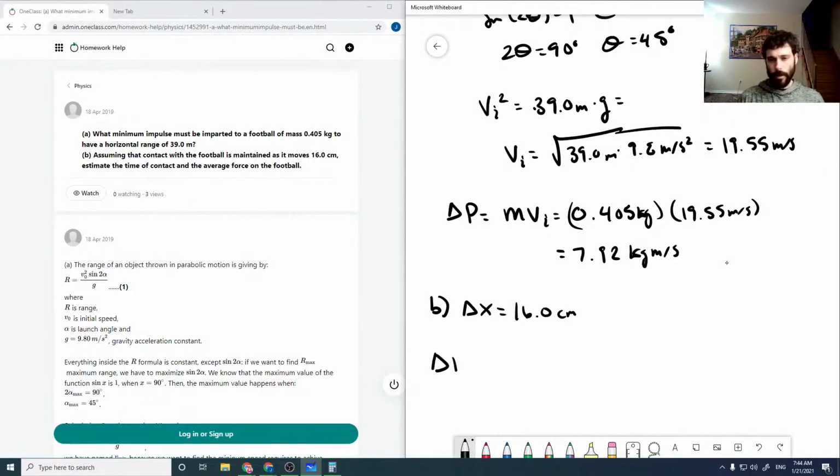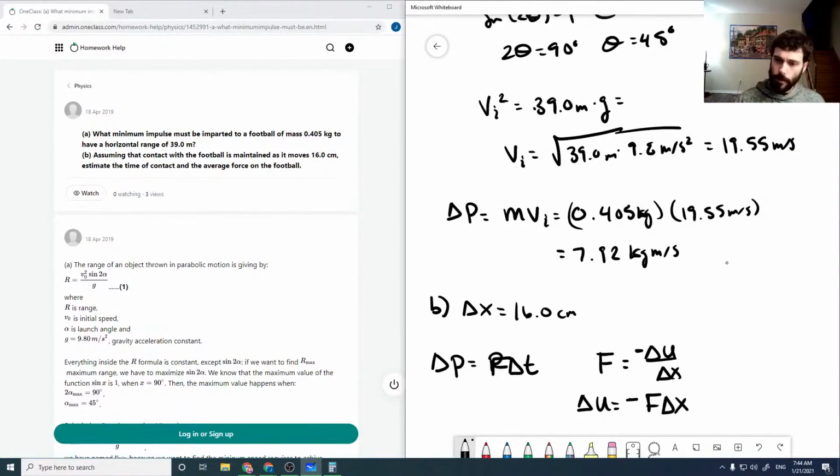So our delta P is F delta T, but our force is minus delta U over delta X, so delta U is minus F delta X.